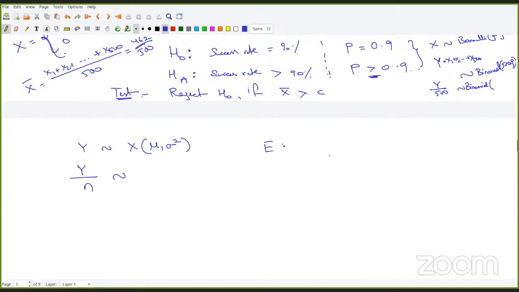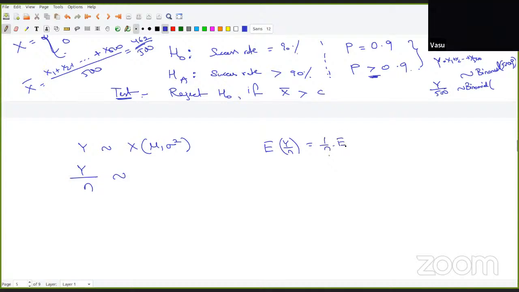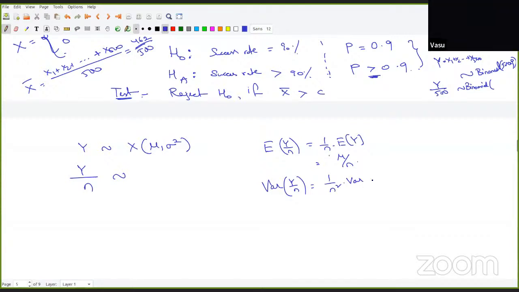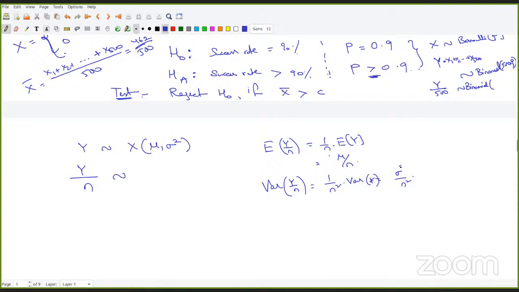You just compute the expected value of Y by n, which is mu by n. And what will be the variance of Y by n? Variance of Y is sigma square, so it is sigma square by n square.